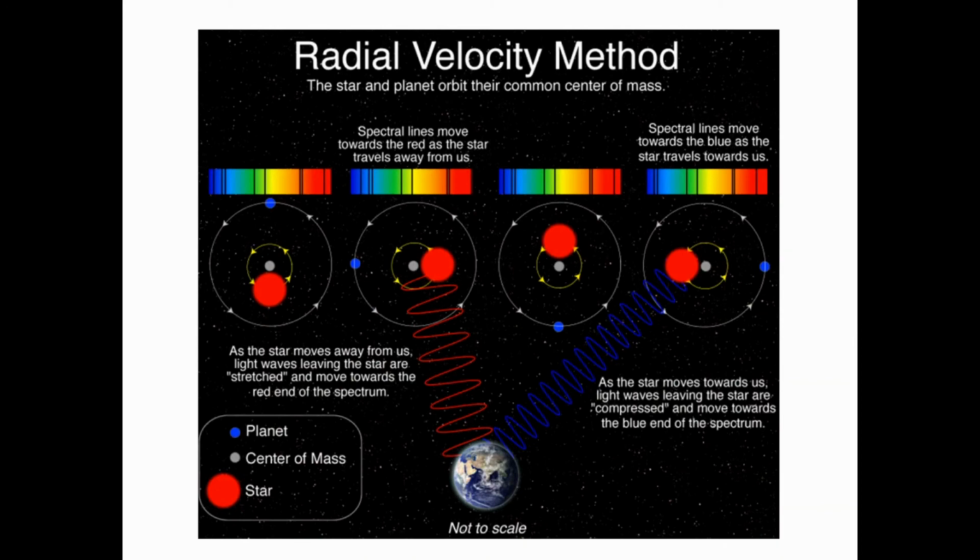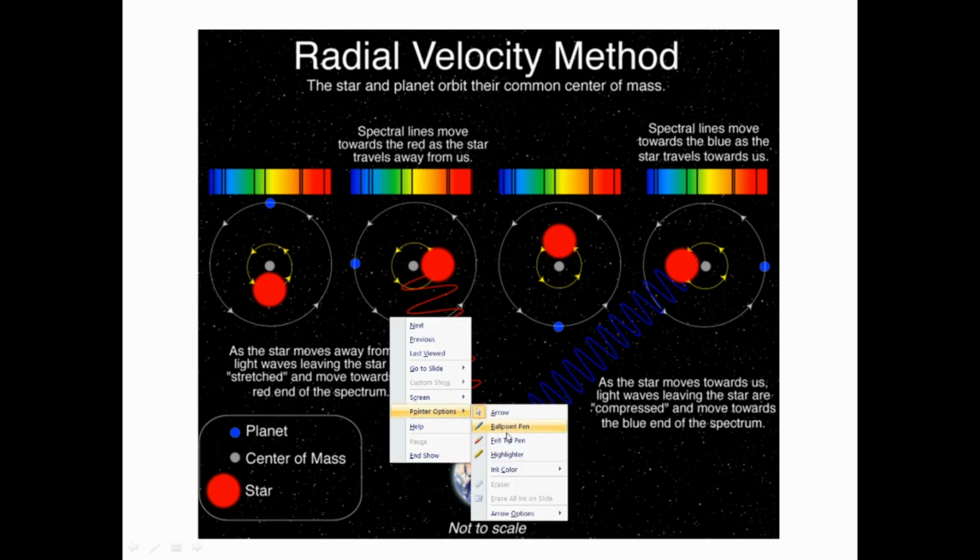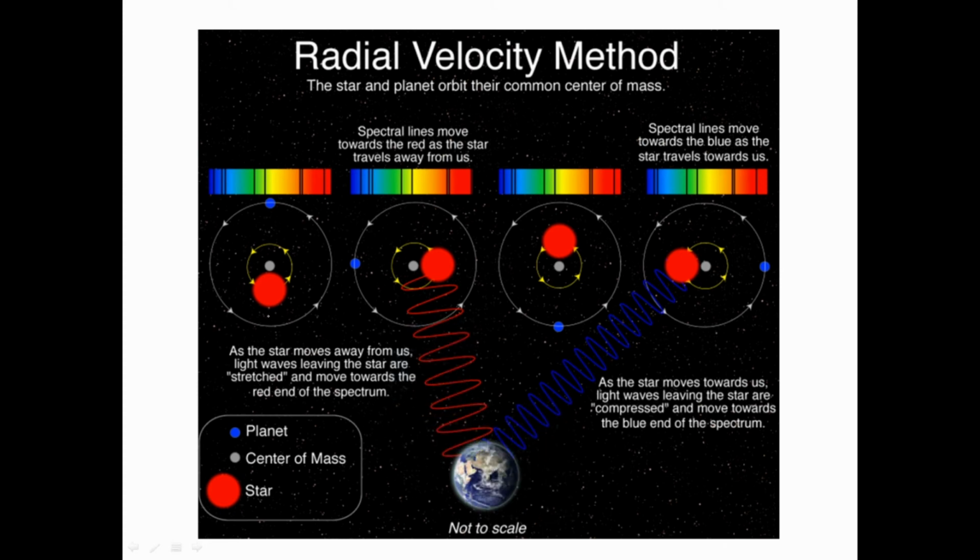Now, the next method of detecting exoplanets is called the radial velocity method. And I'm just going to talk you through the diagrams going from left to right. You can see here that here's our star, here's our planet, and the grey circle represents the centre of mass.